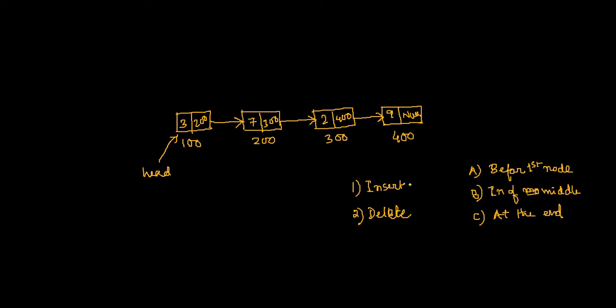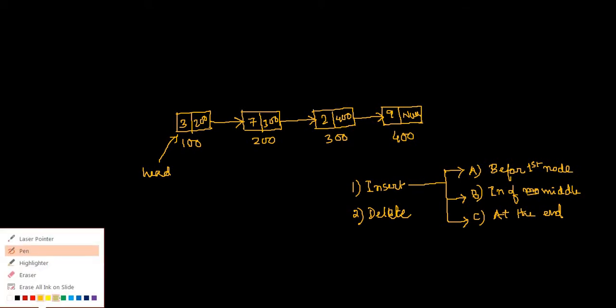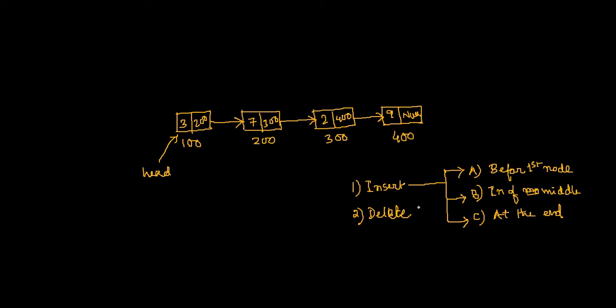Now see, this insert is possible for all these 3 cases. Even if you consider a delete operation, you can also have a similar thing. So you can have a delete operation for C also, for B also, even for A also, right?